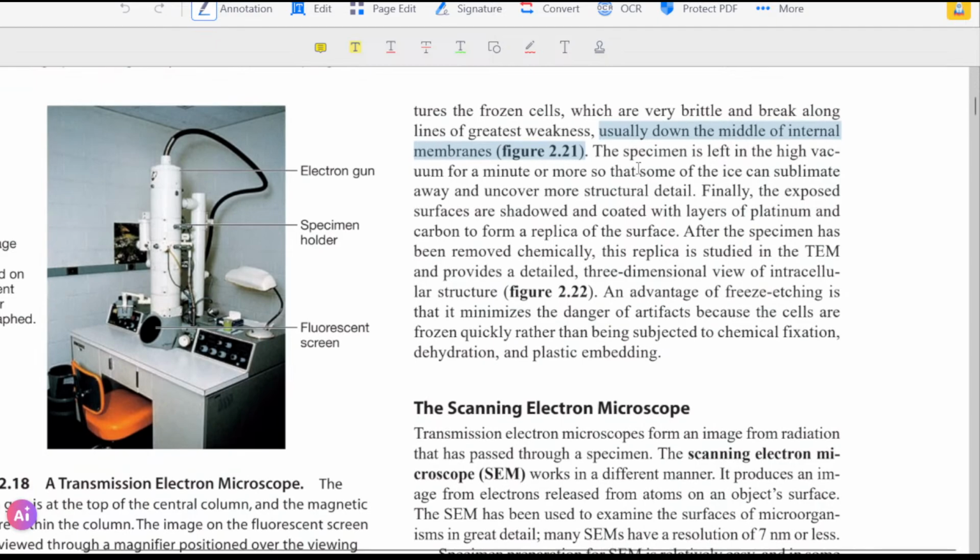So the specimen is left in the high vacuum for a minute or more so that some of the ice can sublimate away and uncover more structural detail. It's not like you are going to change the temperature by a lot, but the cells may be a little less covered with ice than before.